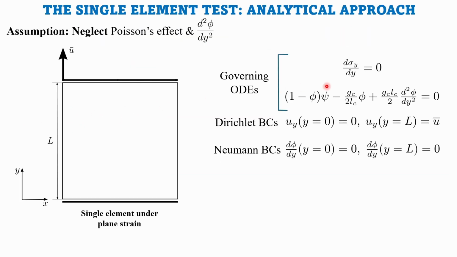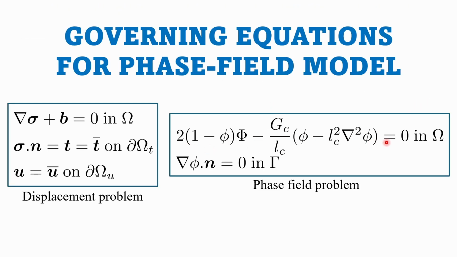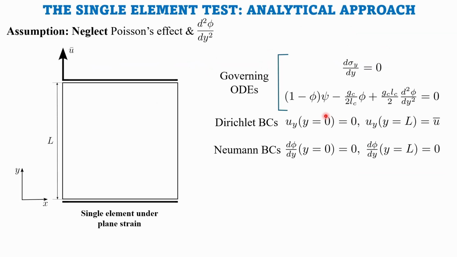So with zero body force you get d sigma y by dy equals 0, where sigma y is not the yield stress, sigma y is the stress in the y direction. Then this equation is the reduced form of the phase field equation, where we neglect the second order derivative of phi.